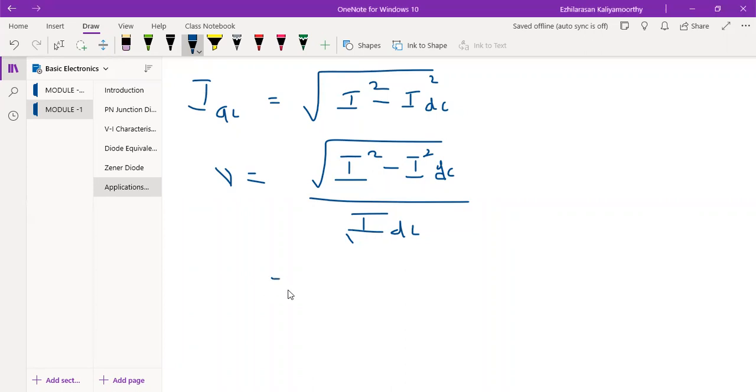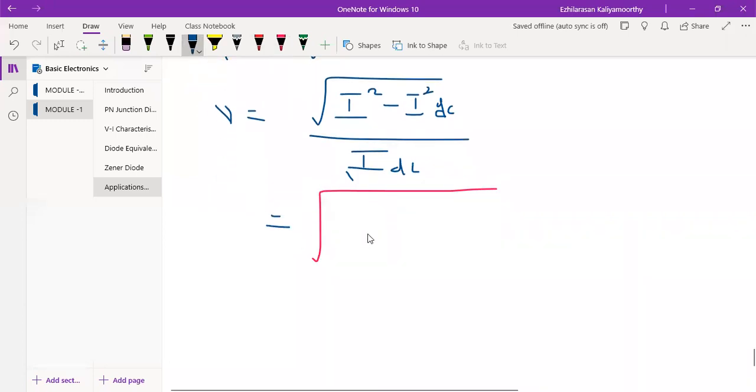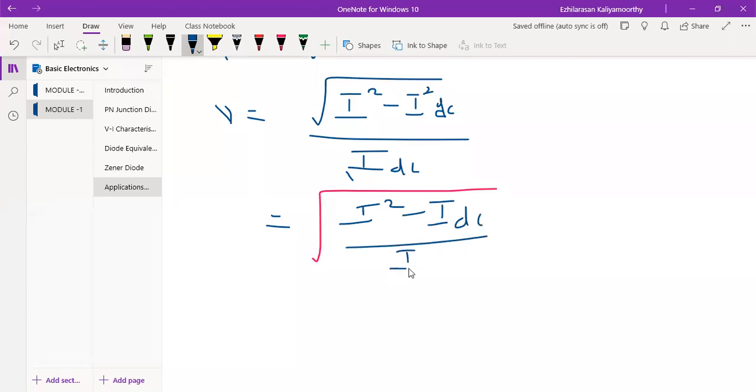If you take IDC inside the root, it will go as I square minus IDC square divided by IDC square, since it is a complete root. So this should be IDC square actually. I hope you got this.